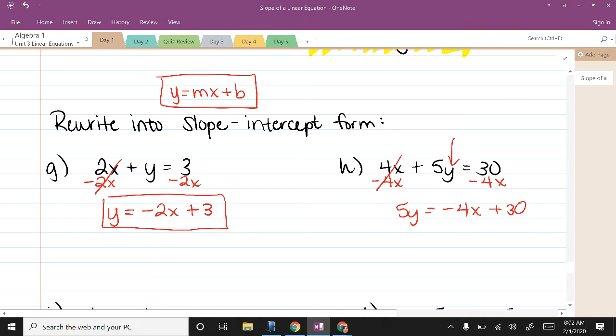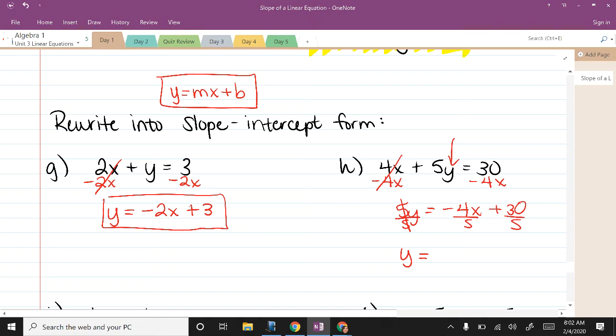All right, now it's 5 times y, right? So now we got to divide both sides by 5. Here's my hint to you to save you some time. Go ahead and divide every term by 5. So 5 divided by 5 cancels out. And then you just simplify your fractions. So there's y by itself.